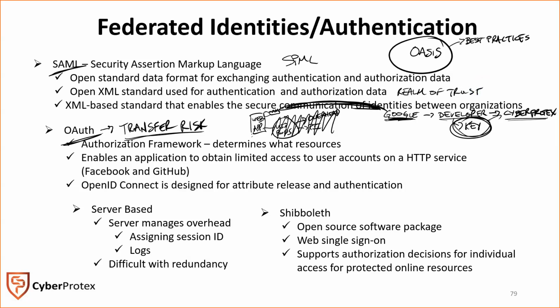We create that realm of trust because Google now issued a key. They'll make you tell them your IP address, the web server, and the URL and DNS information of that web app, so they know where it's coming from. So they can say, yes, I know that it's coming from this source.